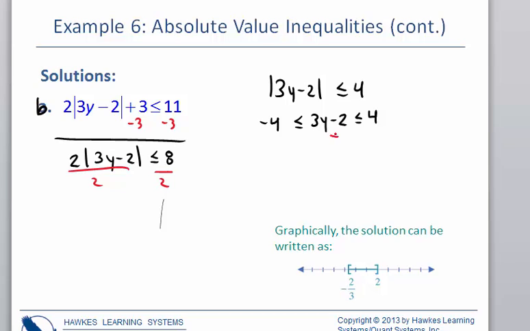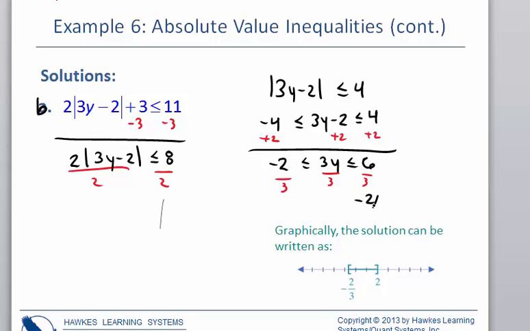So we'll begin by adding 2 to all 3 parts, which is going to give me negative 2 is less than 3y is less than or equal to 6. And then we're going to divide all 3 parts by 3. So that's going to give me negative 2/3 less than or equal to y less than or equal to 2.